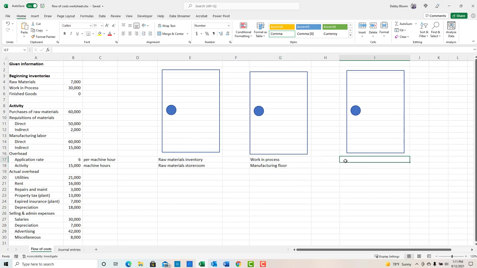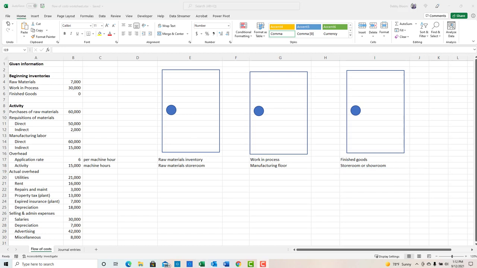And finally, the third room is our finished goods inventory. But I want you to think of that as either the storeroom or the showroom. Showroom is better, but sometimes we store our finished goods as well.